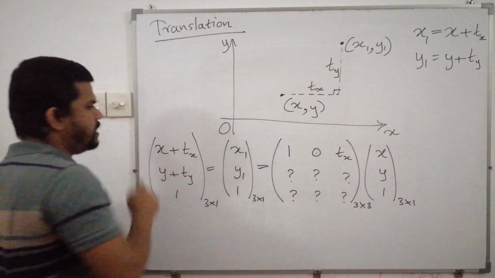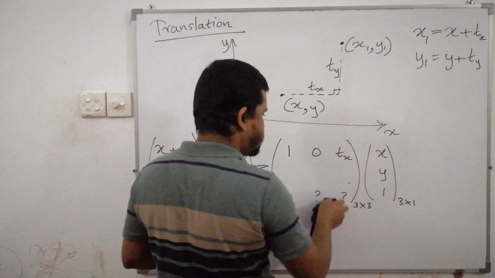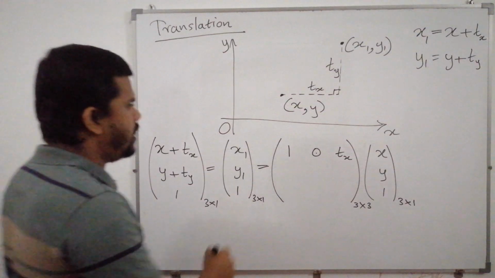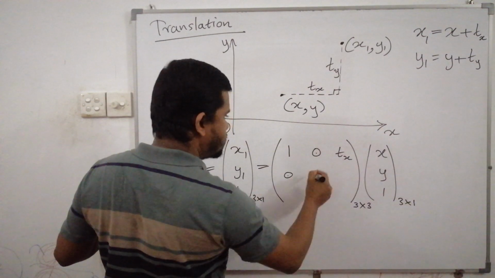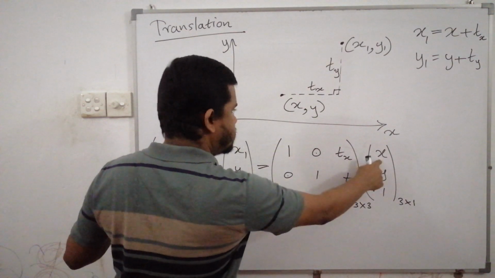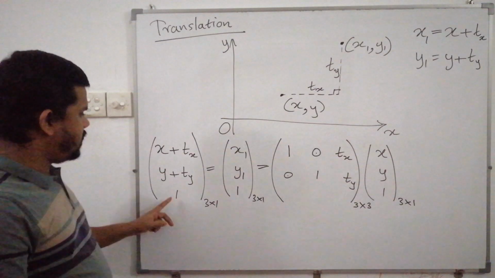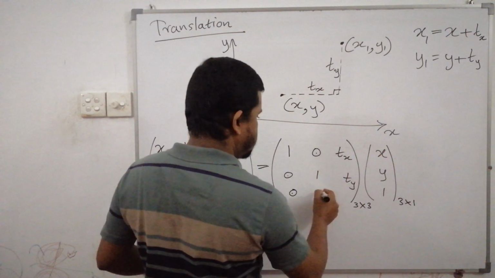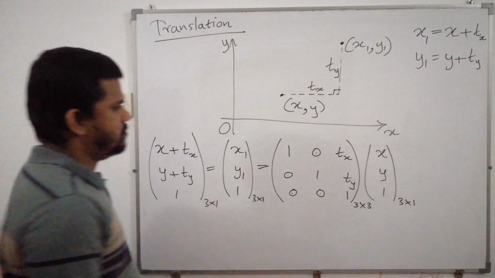Tx into 1, we get tx. Now similarly, we can fill the other 2 rows. Here we have y plus ty, therefore 0 into x, 1 into y, ty. Then we get 0 plus y plus ty. Finally, here we should get 1. Therefore, 0 into x, 0 into y, 1. Here we have 1.